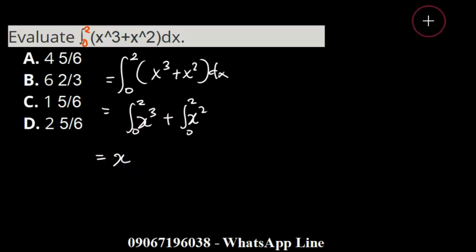Remember, we said earlier from previous videos that the integral of x^n is equal to x^(n+1) divided by n+1. Don't forget that this is the standard integral for a power rule. So applying that concept, x's power is 3, so this is going to become x^(3+1) divided by 3+1.